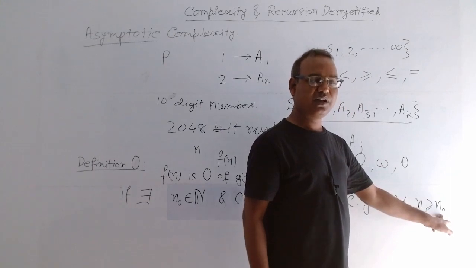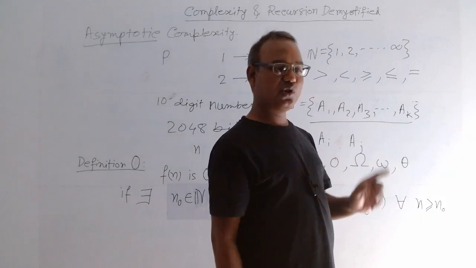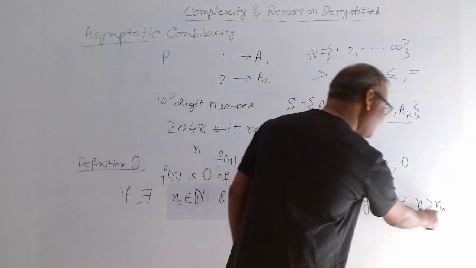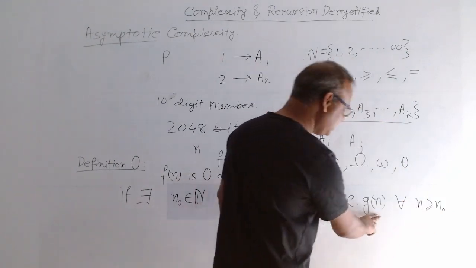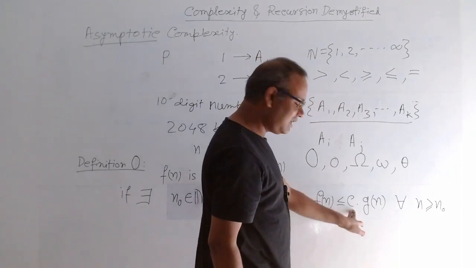Only if the input size is greater than n0 do we bother, and then we check whether f(n) is less than or equal to c times g(n) or not.